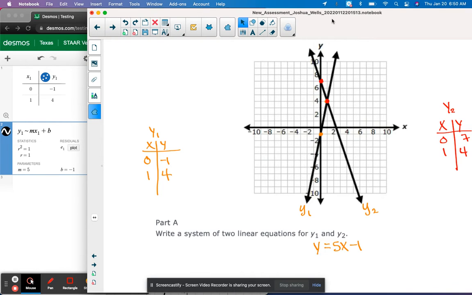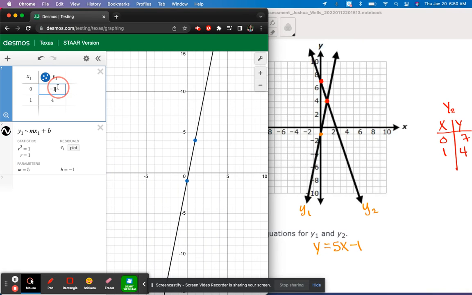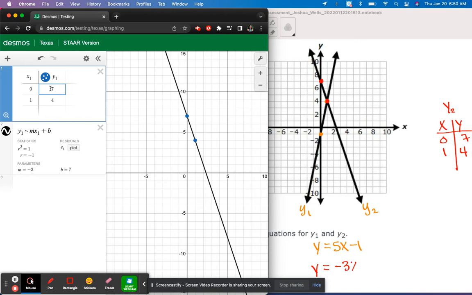So when in doubt, choose the intersection. So let's go over here and change this point to 7. And we can see that our equation is going to be y equals negative 3x plus 7. And those are our 2 equations for this graph.